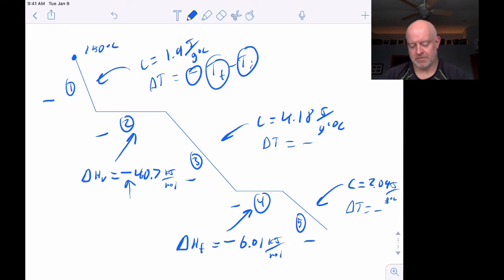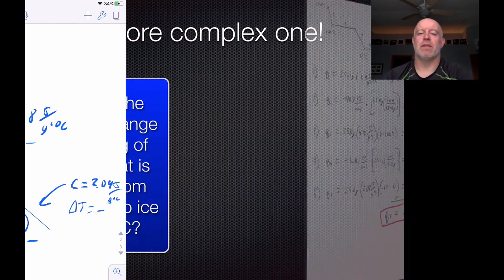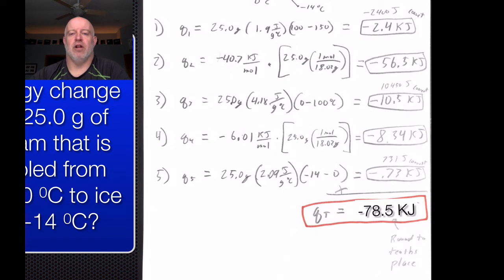That's my expectation. Before I even did any equations, mentally I had to work through all this. What are my C values? What are my H values? What is everything I have? Then I can plug it into my equations. So here we go, we drew it all up. Q1, 25 grams, I used my C, negative temperature change, went from joules to kilojoules.